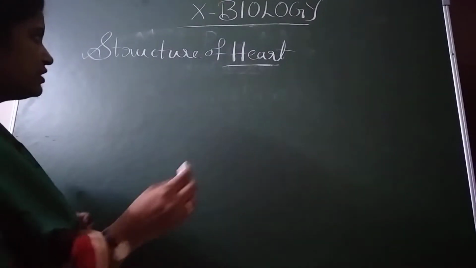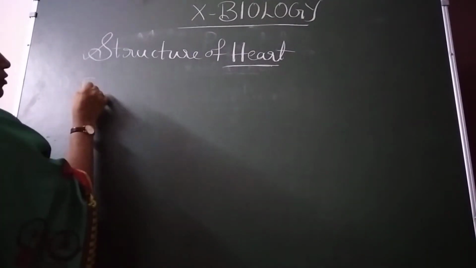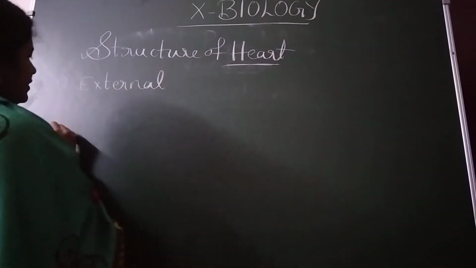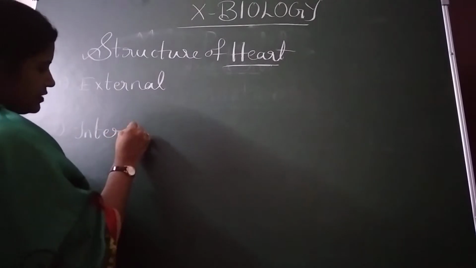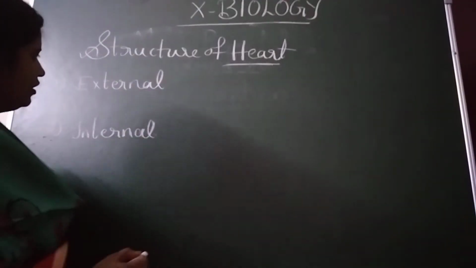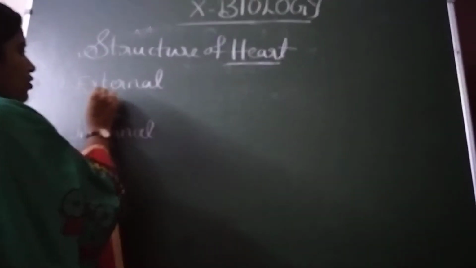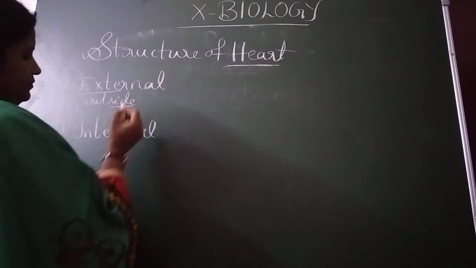Okay, so in the structure of heart we have to know about one, external structure, and another one, the internal structure. External means outside, so how the heart looks from outside.